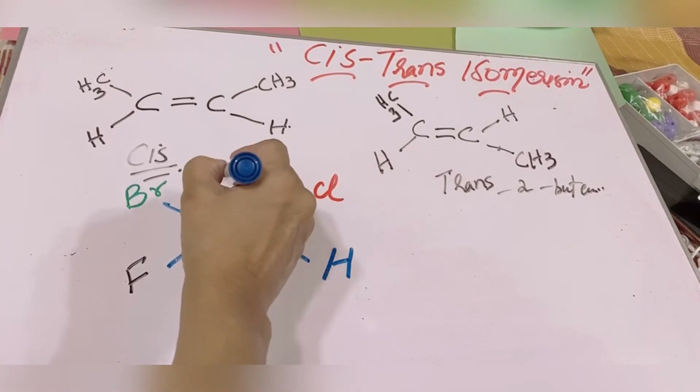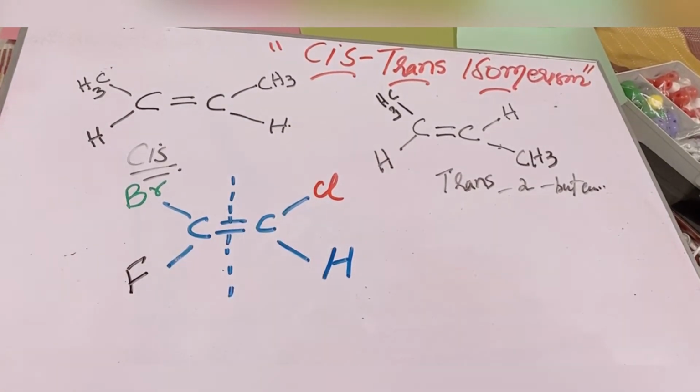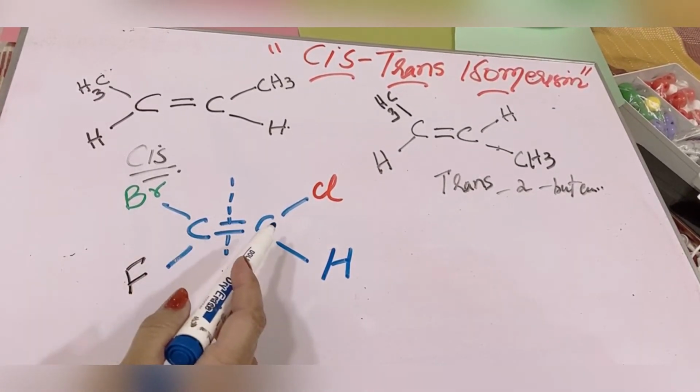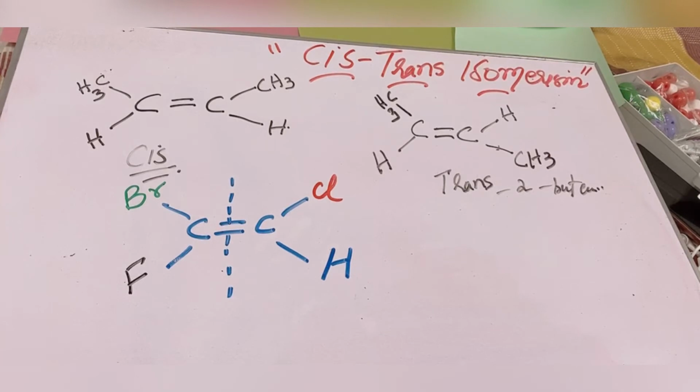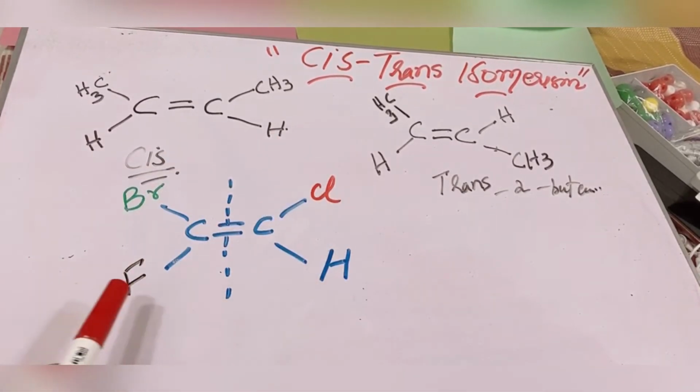Now if we just simply break the molecule from in between, now we have the number 1 carbon and number 2 carbon, right? So we have these now 4 groups: bromine, chlorine, hydrogen and fluorine.